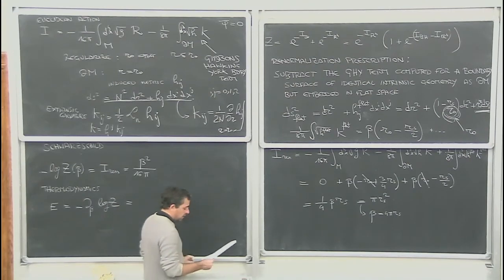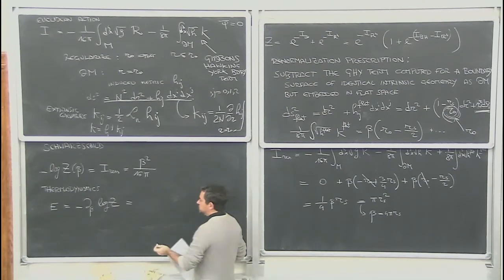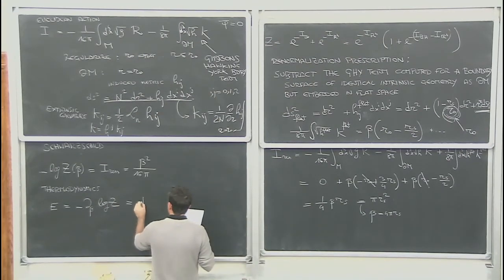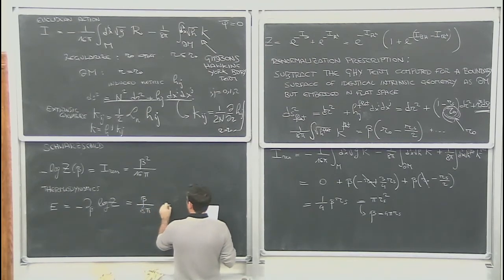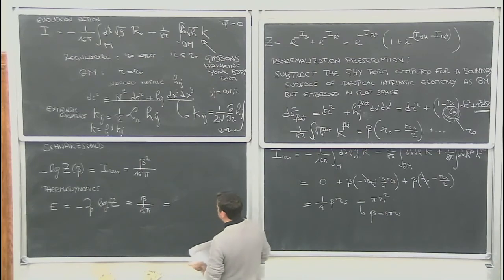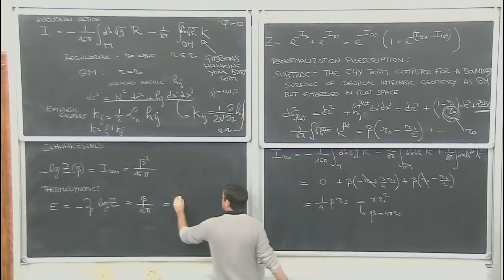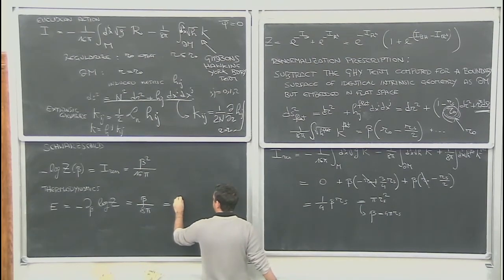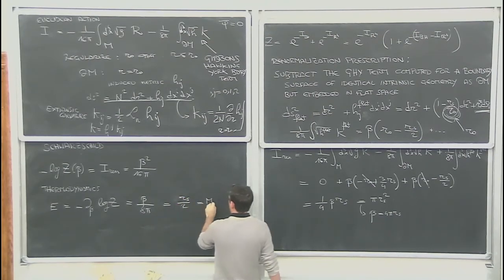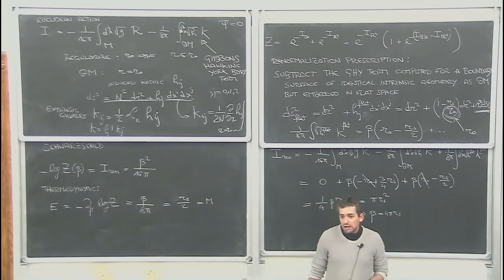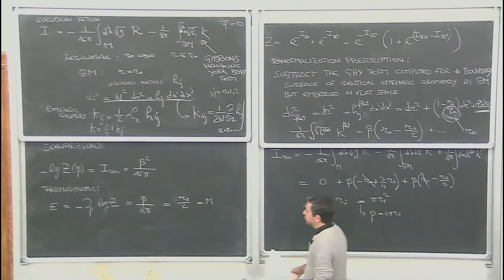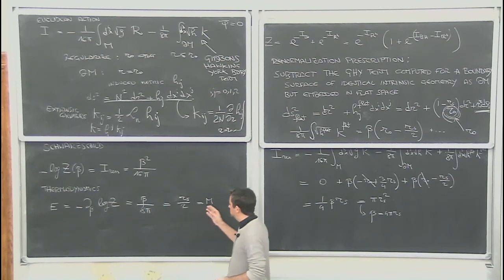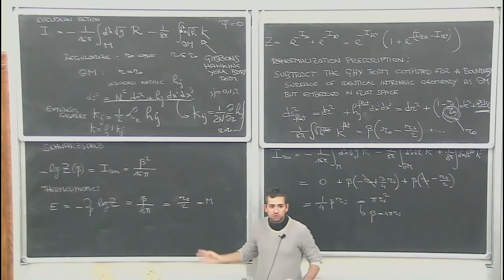This is just thermodynamics, the definition of energy in the canonical ensemble. It is beta over 8 pi. And if you remember, beta is 4 pi Rs. So it's 4 pi Rs divided by 8 pi, which is Rs over 2, which is M, the Schwarzschild mass. Okay, it's encouraging. We obtained that the energy is the mass. Good.